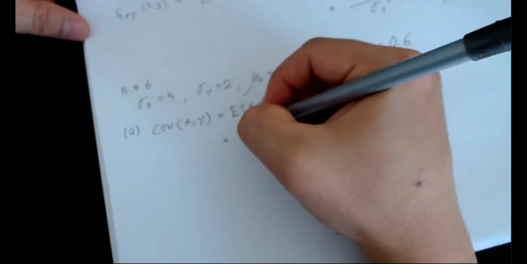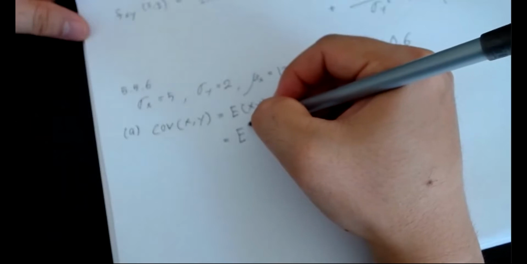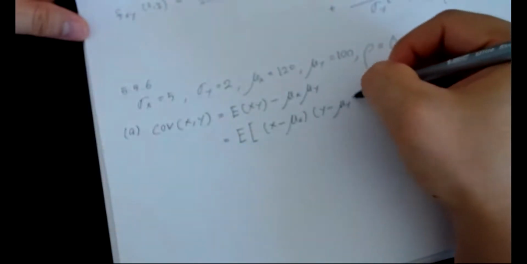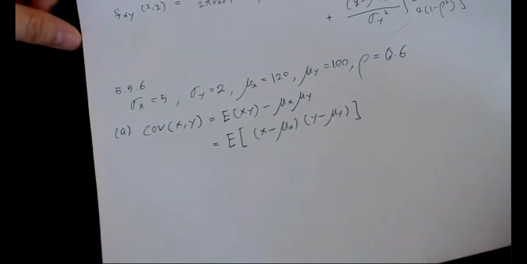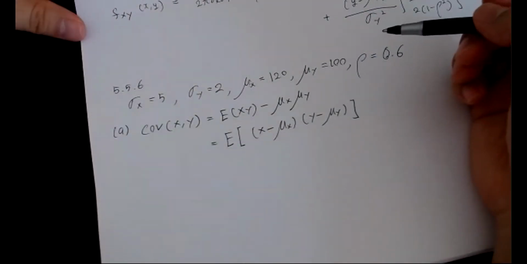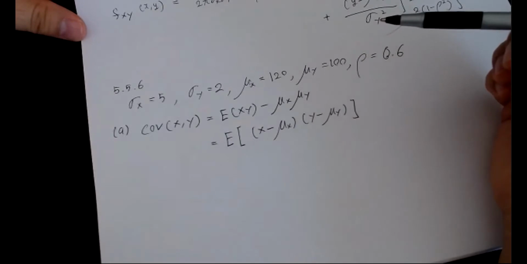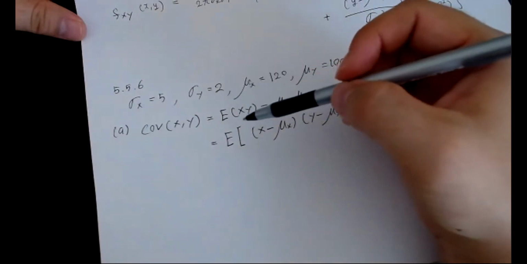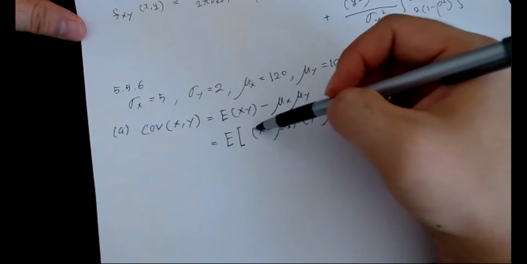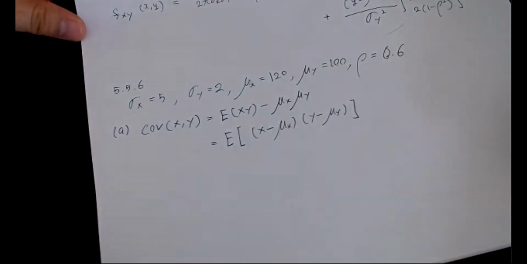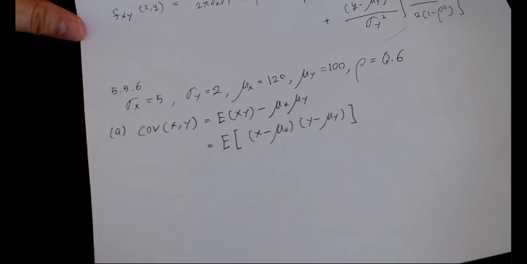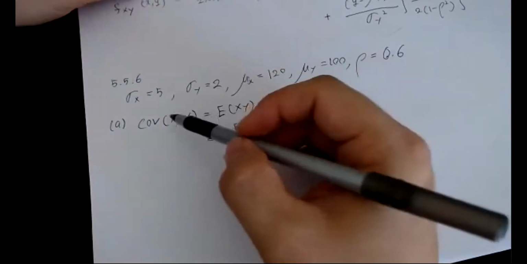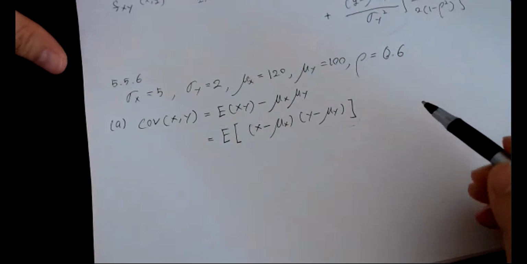Or you can say this is the expected value of X minus mu X times Y minus mu Y. But I don't think the problem gives us any information to find E of XY, so I don't think we can use that formula to figure out the covariance. So let me use another formula.